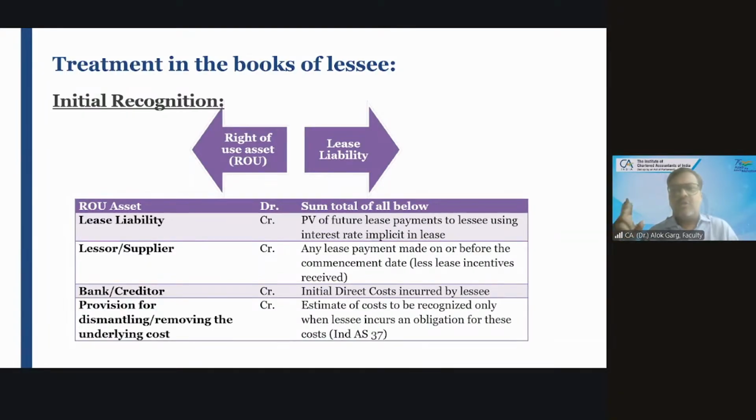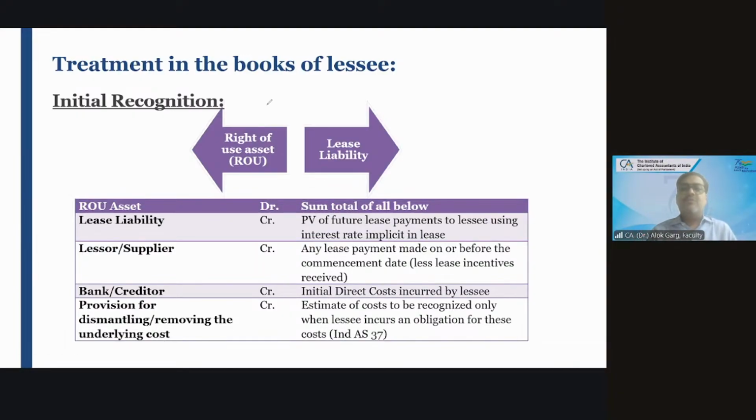You remember 2-3 questions I have solved where the payment was being made at the beginning of the year. The first payment was made on the commencement date. So while computing the interest, from the opening balance, first I deducted the lease payment, then I computed the interest. Otherwise, if you see my lease liability schedule, first is opening balance, then interest cost, then lease payment, then closing balance, right?